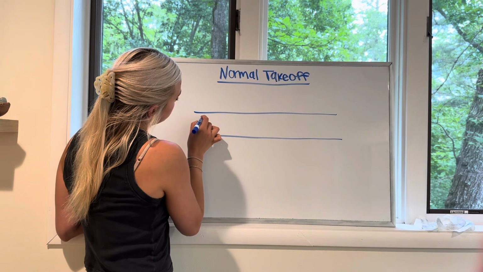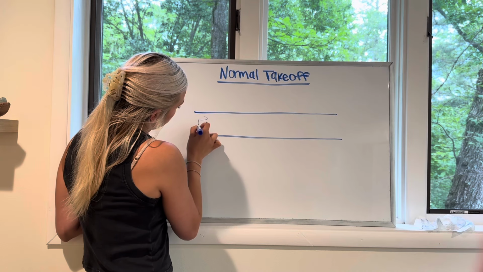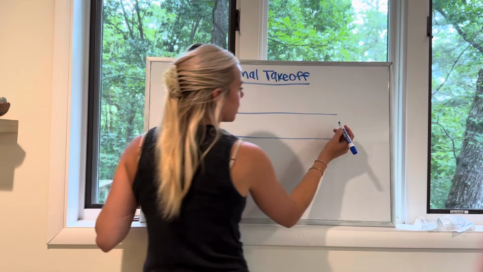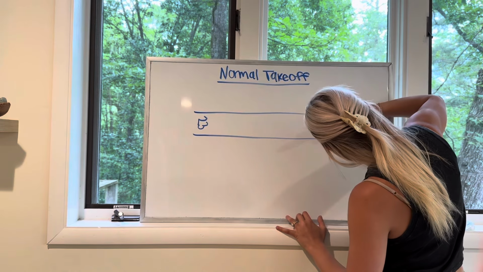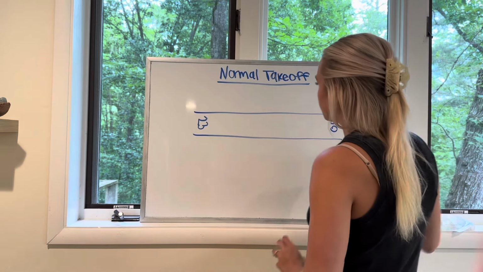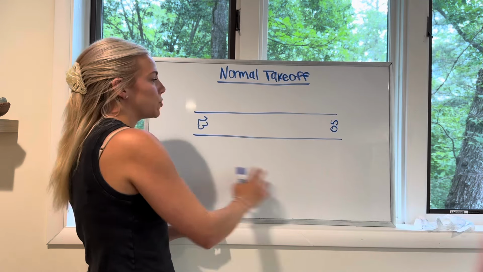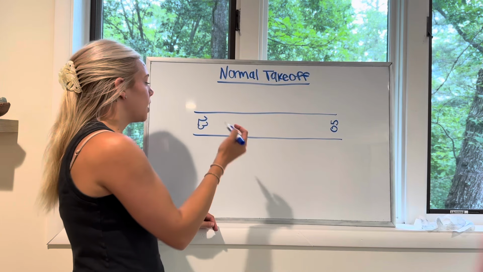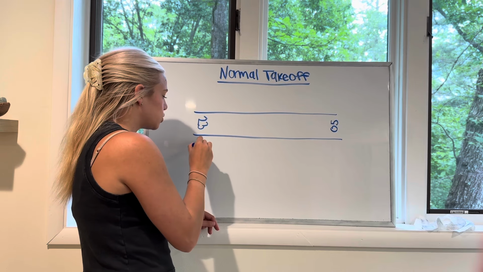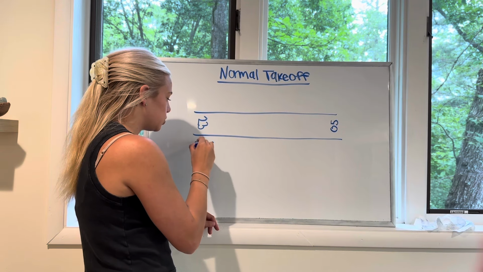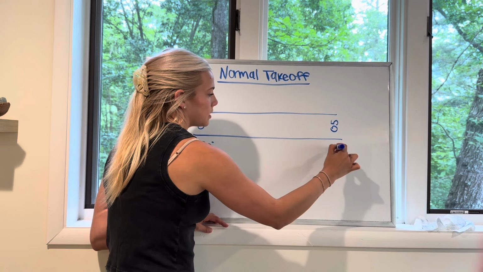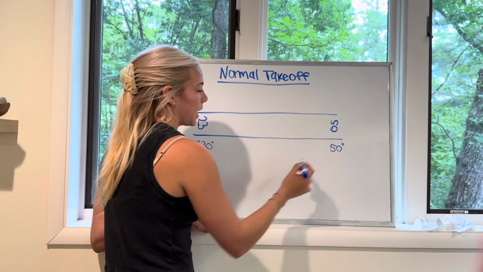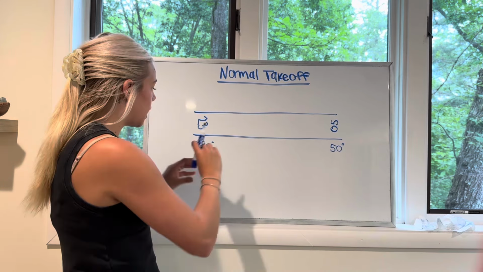We have 2-3 as a runway, and 0-5. So we have 2-3 and we have 0-5. This stands for 230 degrees, and this is 50 degrees, and that is how the runways are aligned.